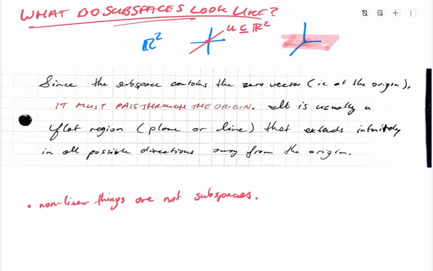A line through the origin is also a subspace of R3, so U is still a subspace in R3. And let's call this other highlighted thing W, which is a subspace of R3.